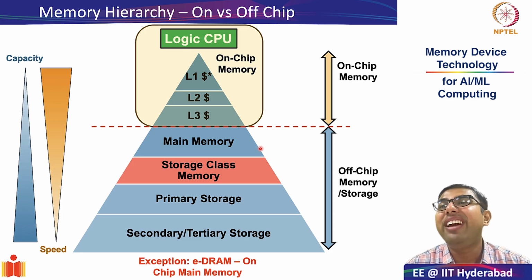However, it is very difficult to integrate your 1T, 1C memory, or DRAM, into the same chip as your CPU. And the answer why is very simple. It is regarding process technology.